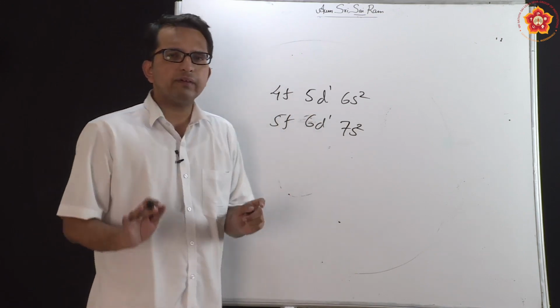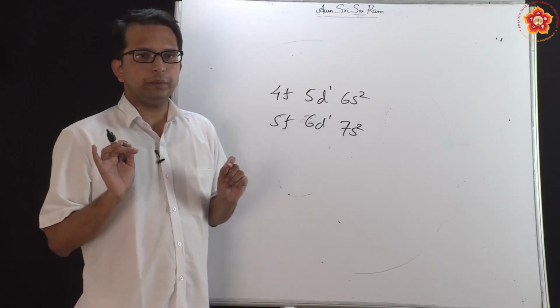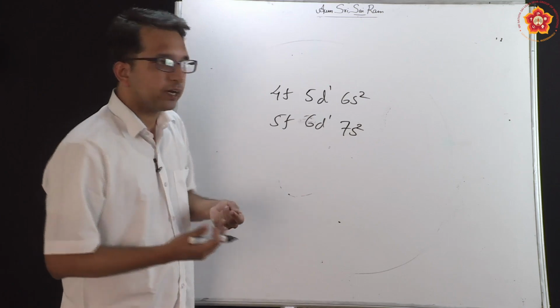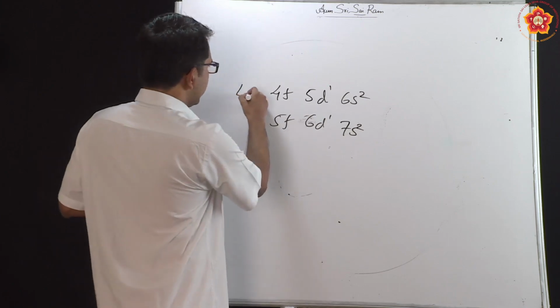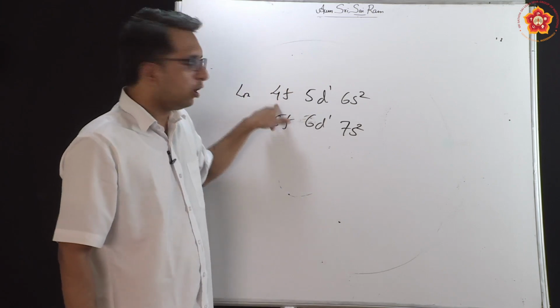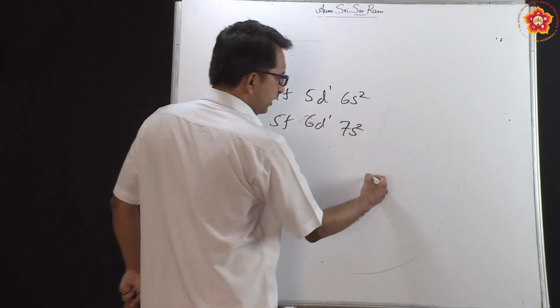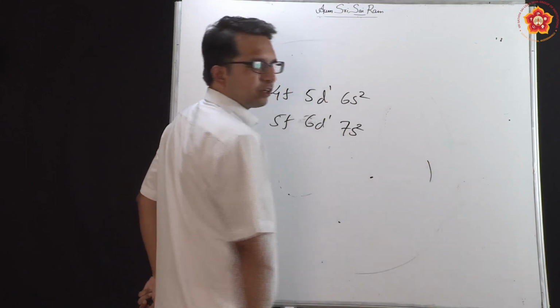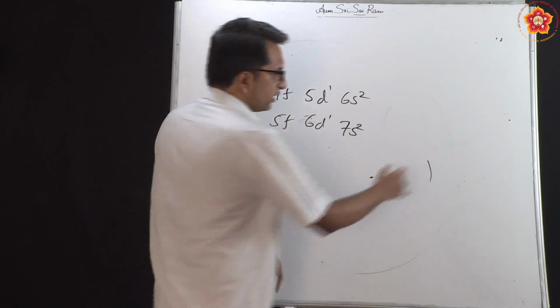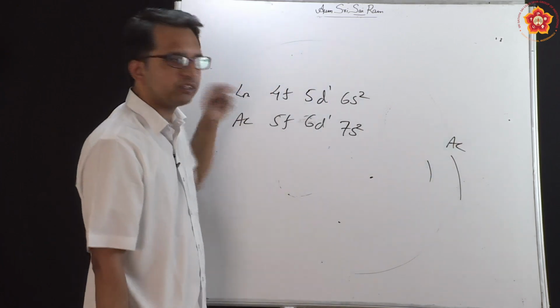And we know very well that magnetism is given by unpaired electrons. Now where are these unpaired electrons? In the lanthanoids, they are a little inside because 4f indicates the 4th orbit. Whereas in actinoids, they are present a little farther away. So if you have a nucleus, probably the outermost electrons of lanthanoids are here, whereas those of actinoids are much farther than this because they occupy a further orbit.